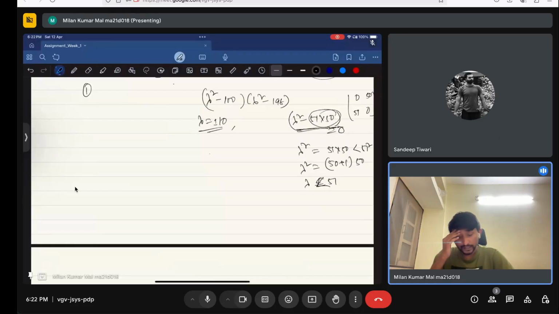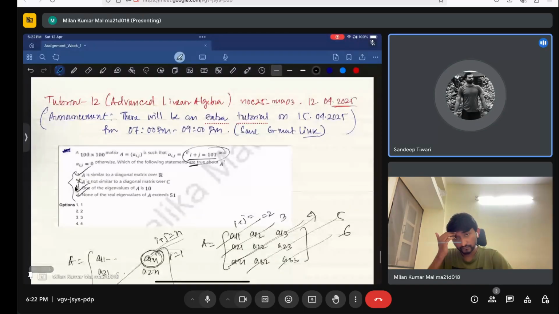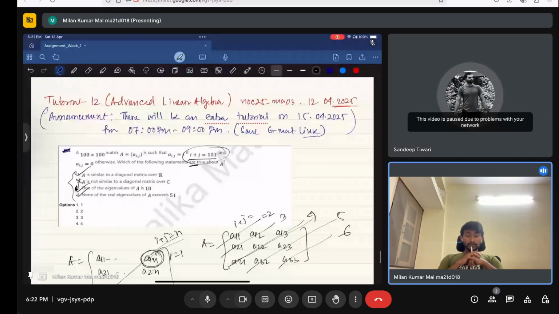That's true. But why will this matrix be similar to this form? Sir, any anti-diagonal matrix, obviously there must be something like that.